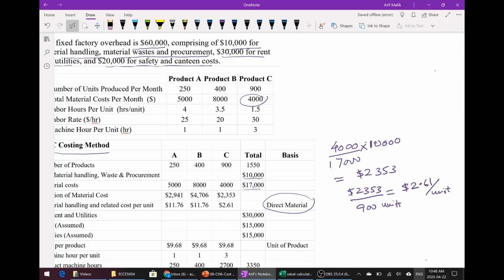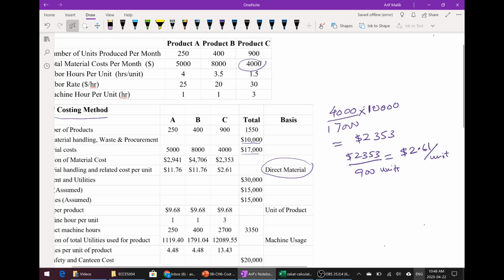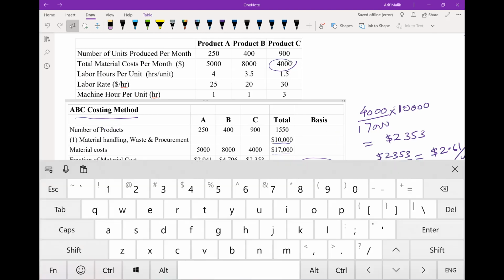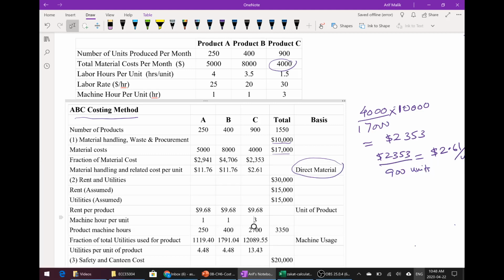So these calculations are not difficult. We have assigned the material handling and related cost per unit to each product. Similarly, we can do it for the others as well.